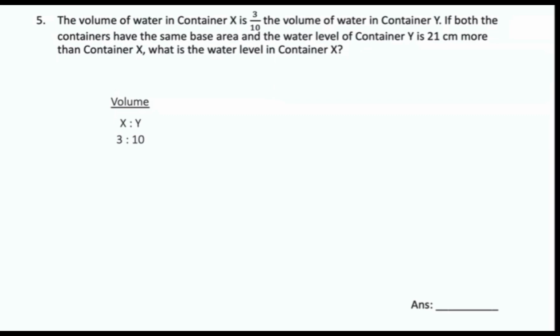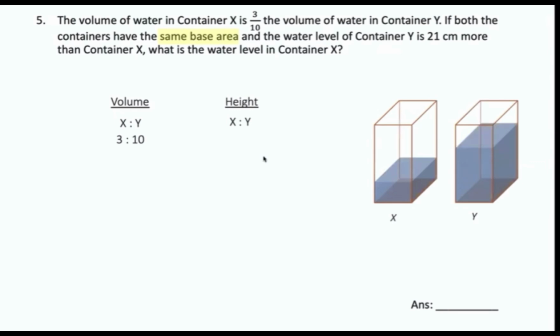So if there are two similar containers, and the ratio of their volume is 3:10, then I expect, being the same container, the height has to be 3:10 as well. If the volume of X is 3/10 the volume of Y, then the height of X is 3/10 the height of Y. Make sense?